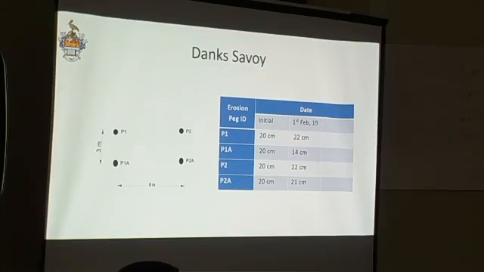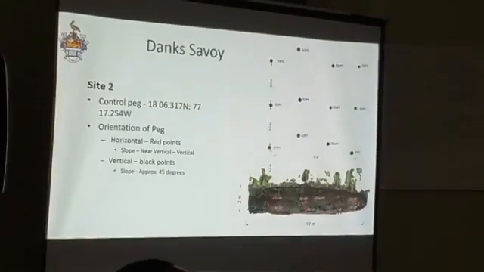A decrease means that erosion is occurring up top, and it's being deposited on the peg itself. But that also indicates that there's erosion going on. So it's not just looking at increasing peg exposure.